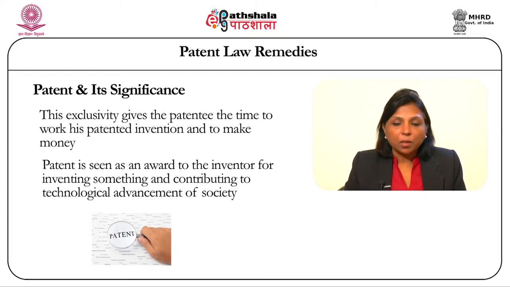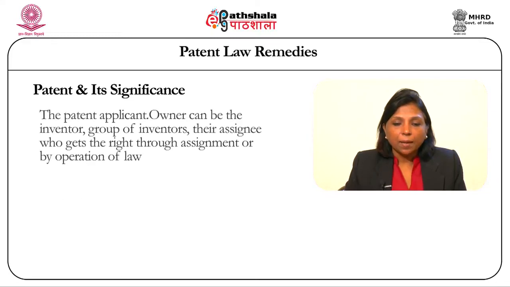To just capture another point before we go on to the remedies that are available, the patent applicant or the owner is usually the inventor. Under the Indian law, it can also be the assignee of the inventor. So, if the inventor has assigned his rights to a company, the company is the patent owner.